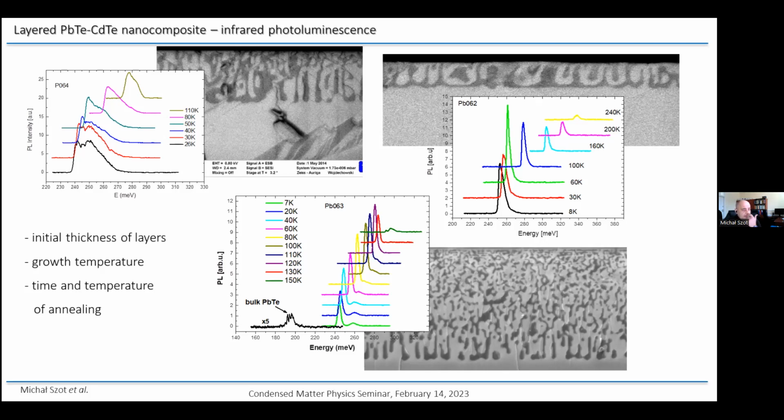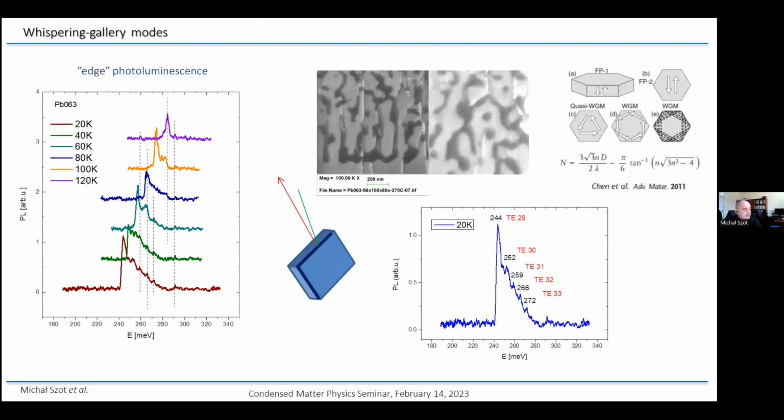But the quantum size effect is not all that we can see in our structures. The hexagonal symmetry helps us to understand the results of the experiment in which photoluminescence was excited and collected from the edge of the sample. This is a kind of microluminescence measurement because the total thickness of the sample is about 1 micron.